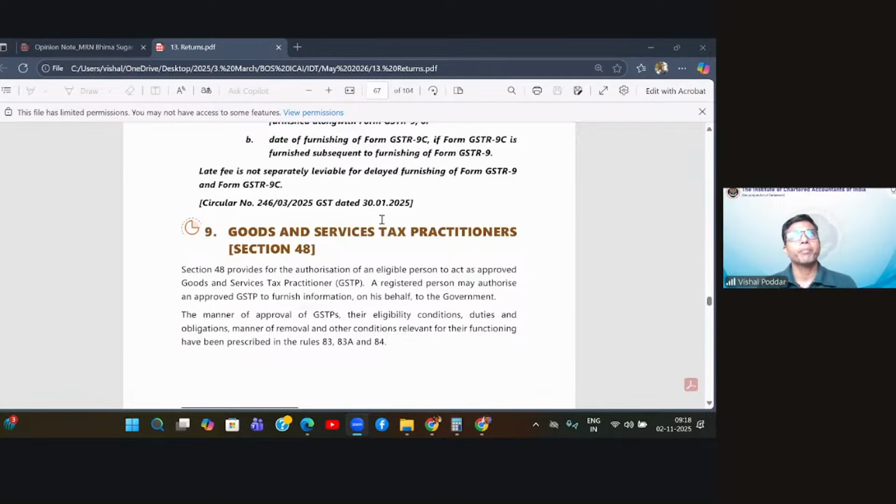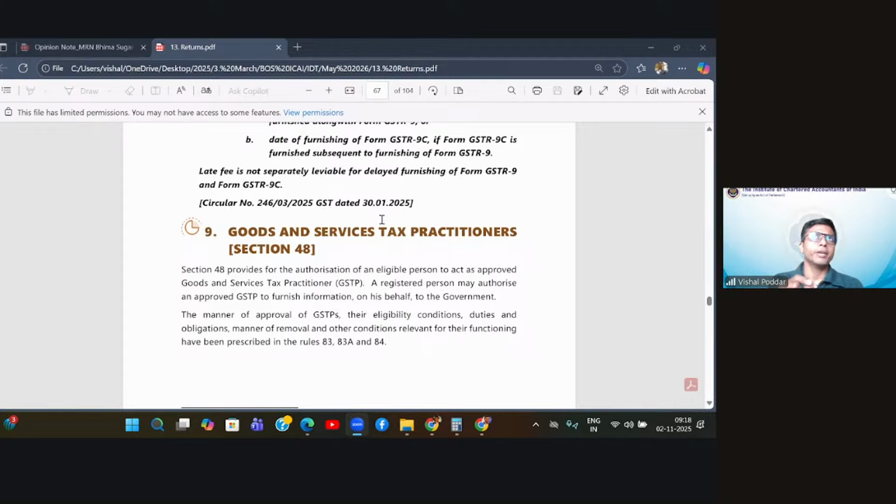Today, practically what is happening? I am only doing your compliance, but I am not doing it as a GSTP. I am using your login credentials. What login credentials you created, the law recognizes that login credential as the businessman. You share the login credentials with me, and I log in to the portal using your login credentials.